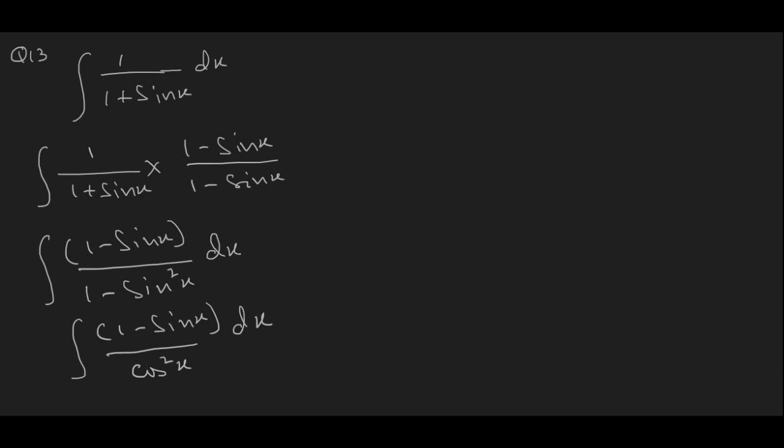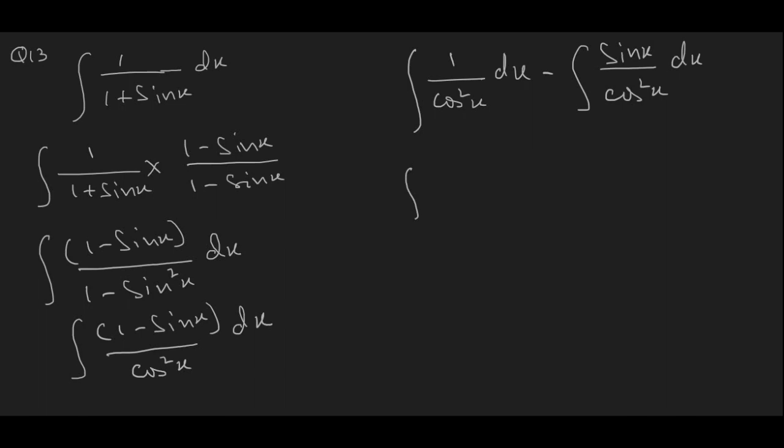So integral 1 over cos square x dx minus integral sin x over cos square x dx, integral secant square x dx minus integral sin x over cos x multiplied by 1 over cos x dx.